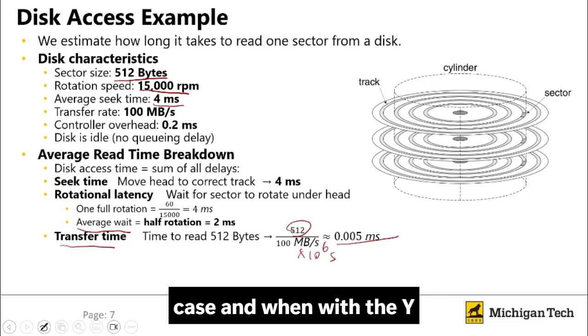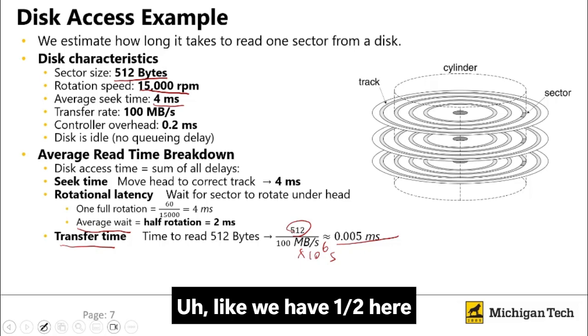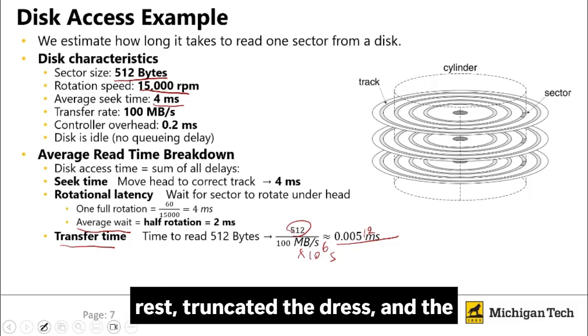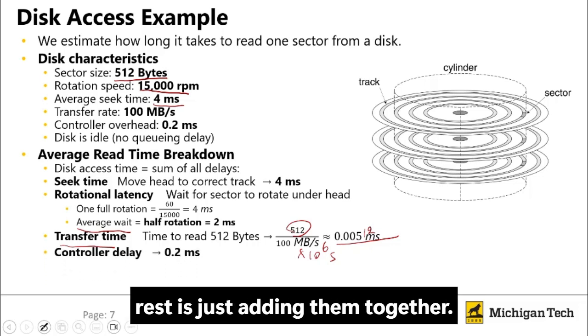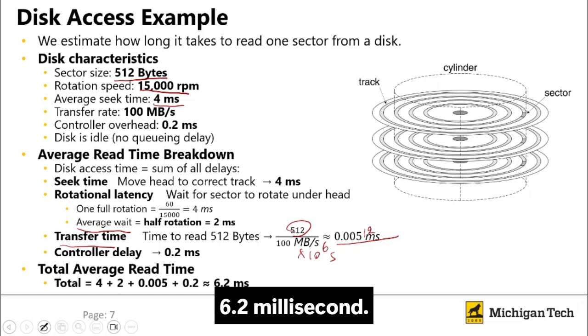When we divide it, it's going to be 0.005 milliseconds. We just truncated the rest, and the rest is just adding them together. That's a total time of 6.2 milliseconds.